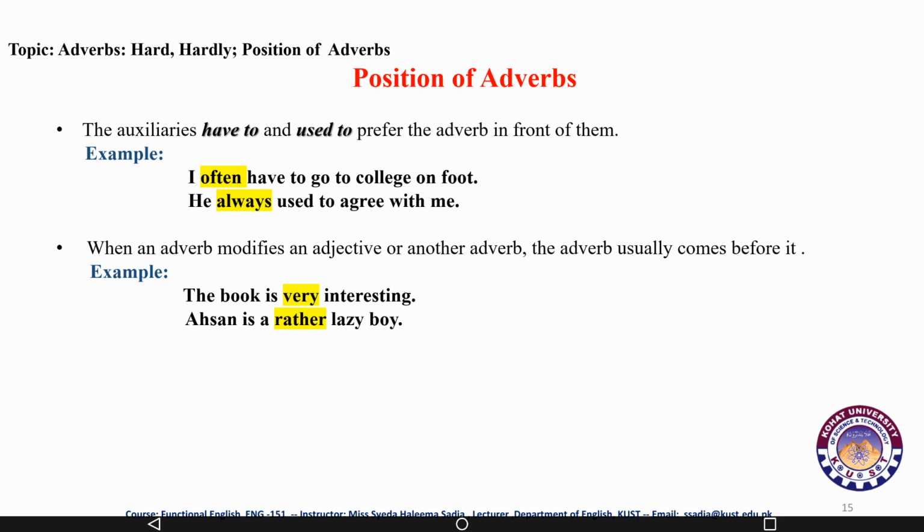And Asen is a rather lazy boy. So rather and very are adverbs. They are used before an adjective or another adverb.